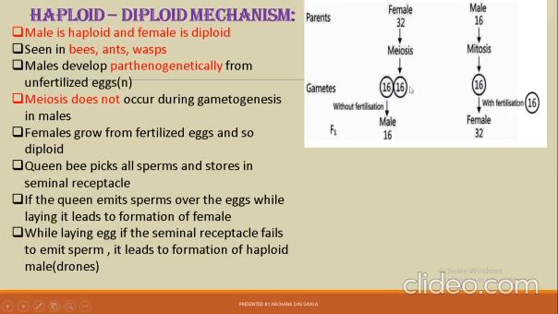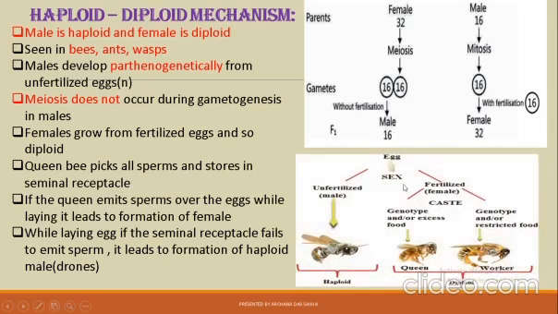And if the female is laying out the egg without any pressure upon the seminal receptacle, she simply gives out the egg without any fertilization happening. So that gamete, the ovum, will directly develop into an organism which we call the male. That will be the drone, as we call it in honeybees.